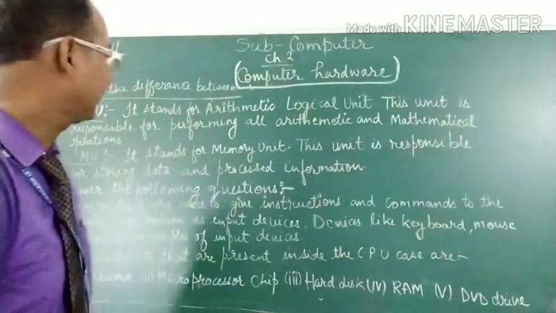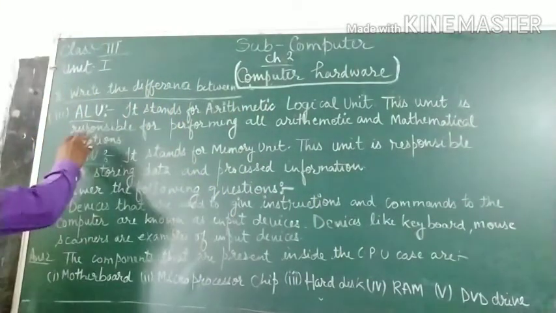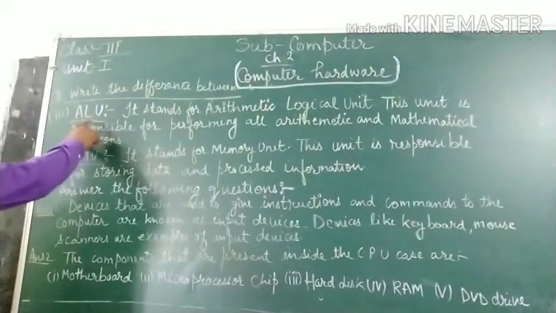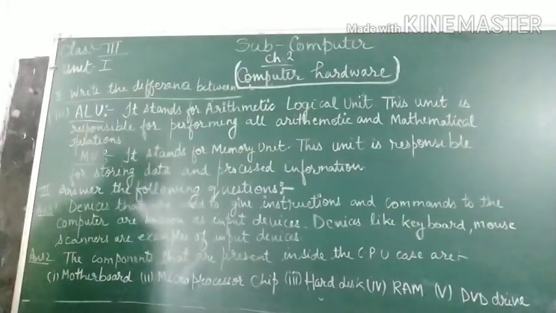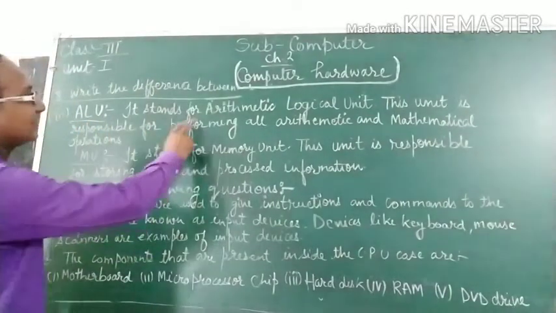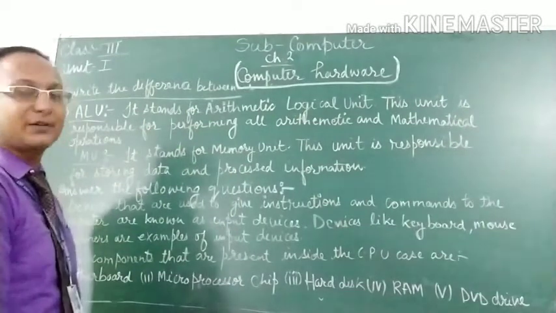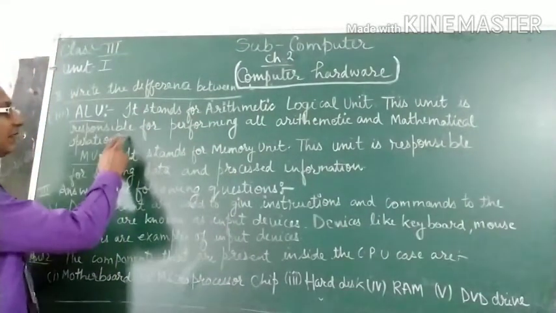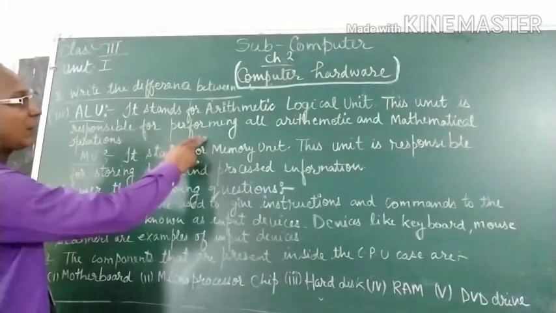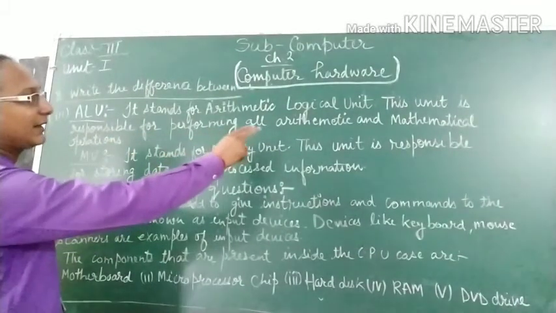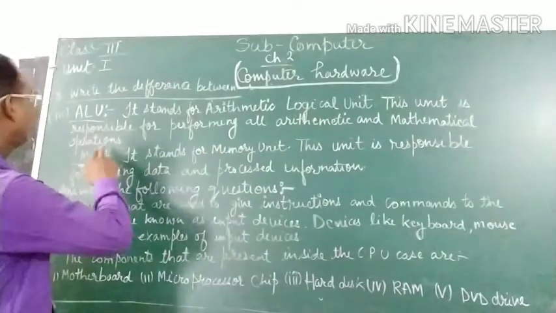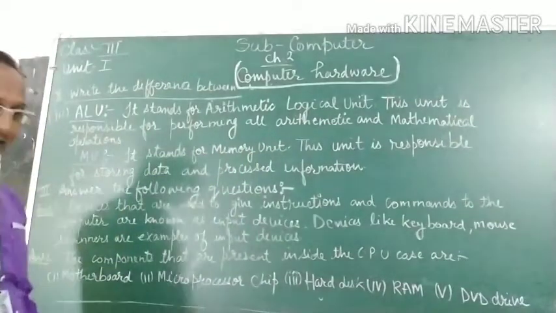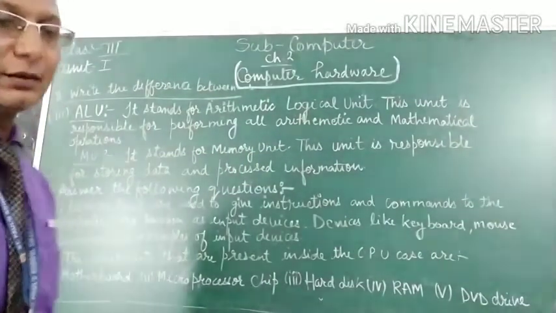So let's see what you have to write. You will give the heading ALU and in front of that heading you will write: it stands for Arithmetic Logical Unit. Full stop. This unit is responsible for performing all arithmetic and mathematical operations.